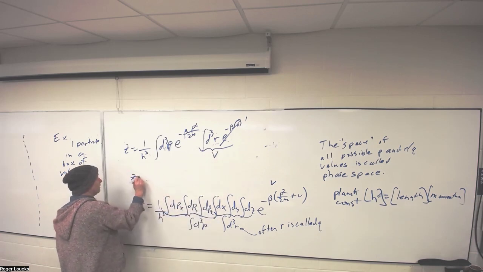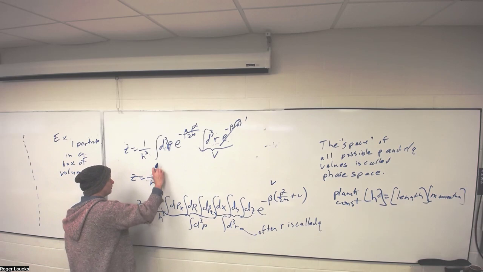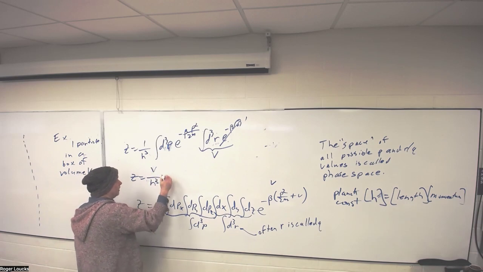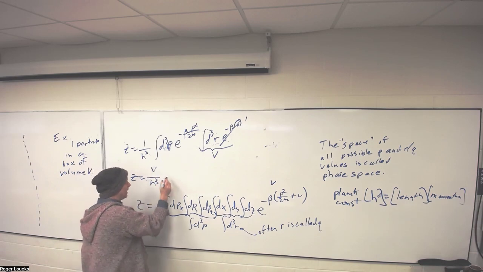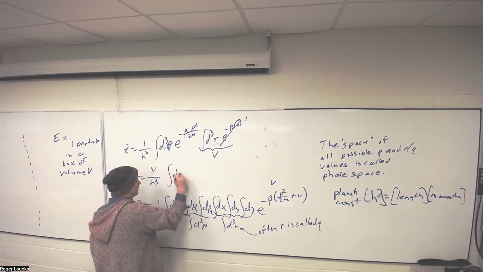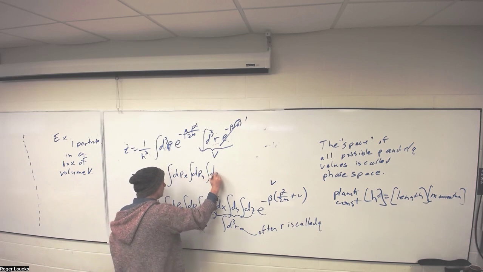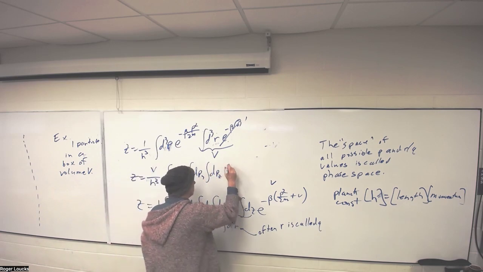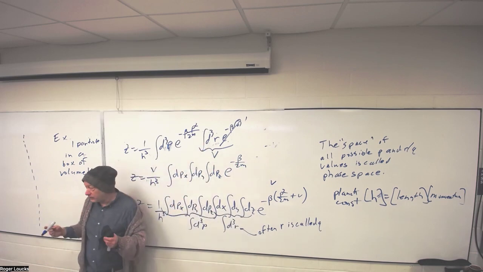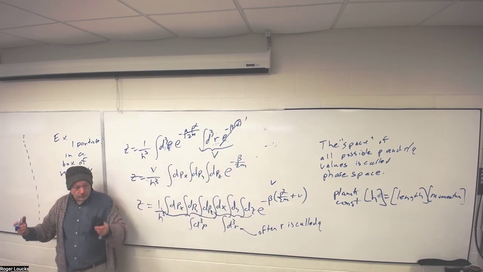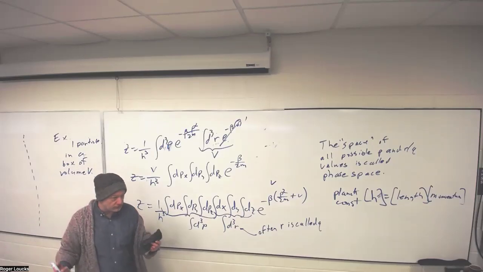So this gives me Z equals V over h cubed times the integral. Last time we said that we could write this as dpx dpy dpz, e to the minus beta over 2m. And what's another way of writing p squared? Since it's a vector, px squared plus py squared plus pz squared.